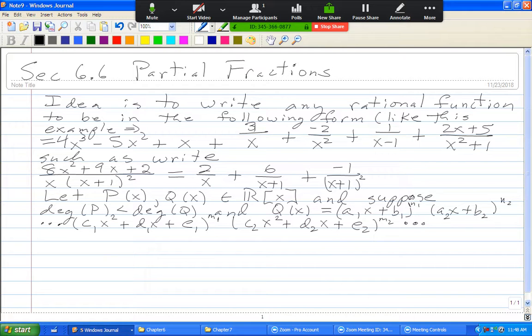So then P of x over Q of x can be written as, well, you can deal with each of these terms as follows. You'll just have n one of those.